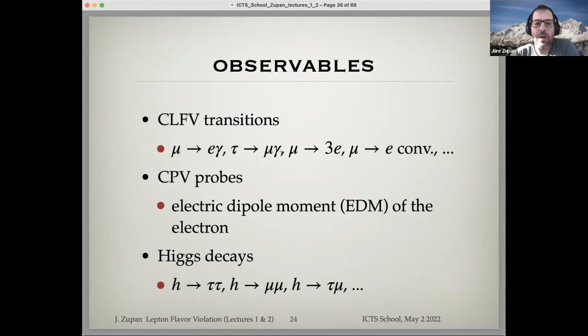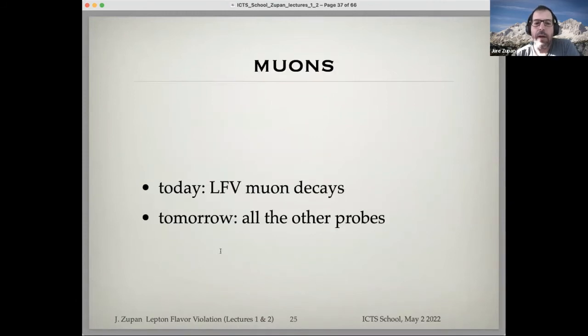I'll go over those in the next lecture. Tomorrow I hope to give you something about the electric dipole moment quickly, and then also the Higgs decays. So for today, I'll go over the lepton flavor violating muon decays, and tomorrow all the other probes.